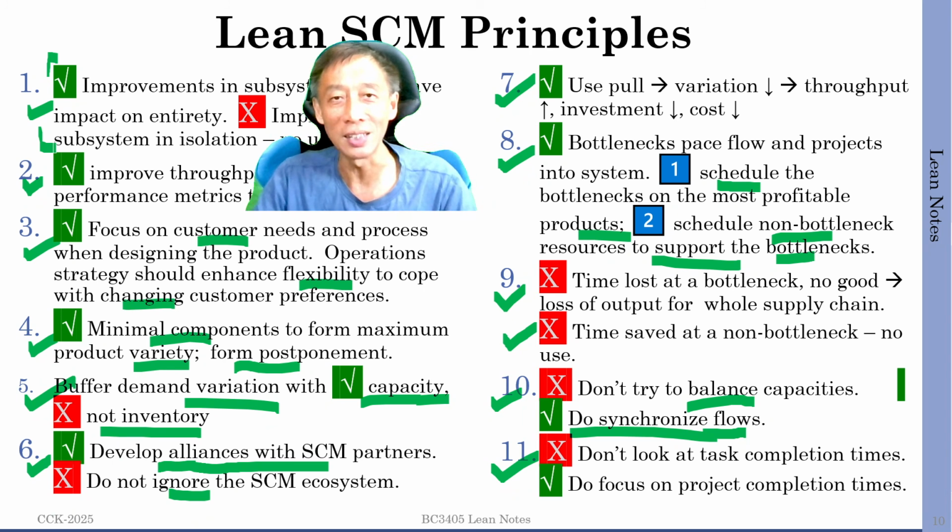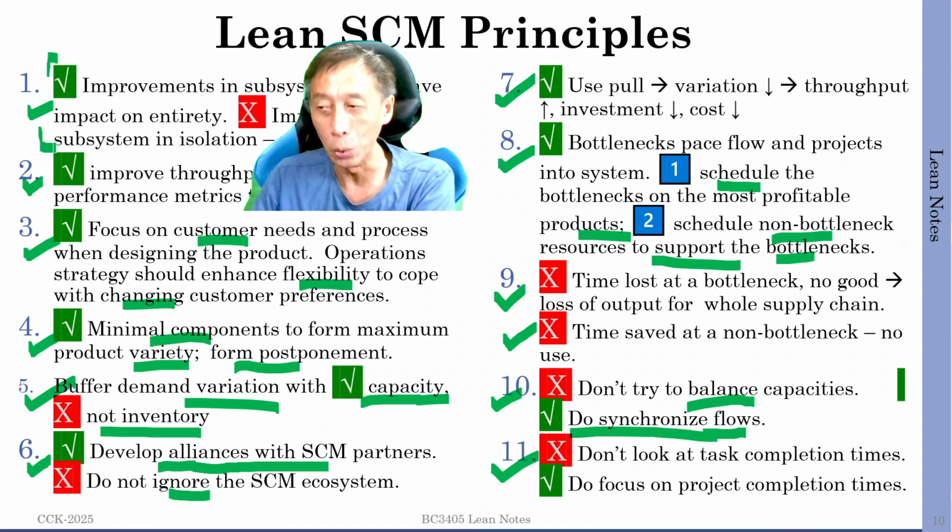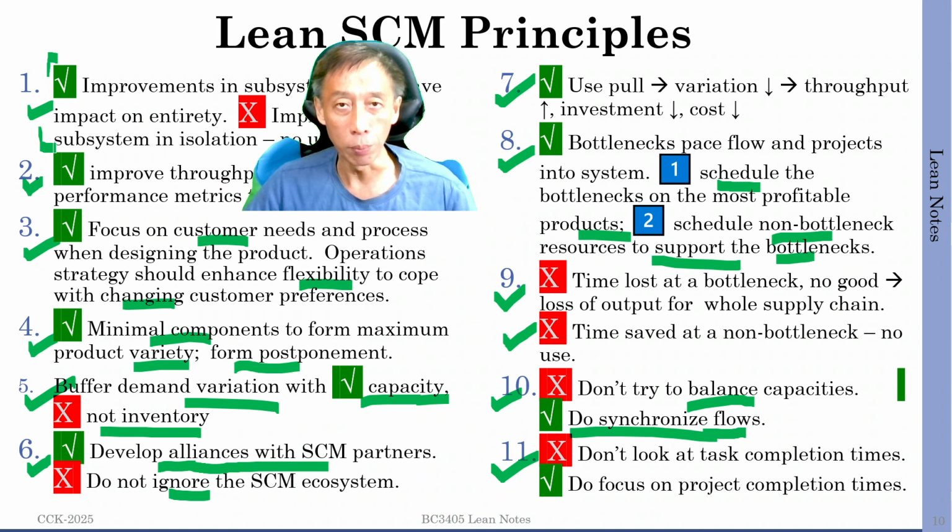I finished this task, yay! But then overall, your company cannot deliver the so-called project. The flow unit is not completed because it is stuck and spending a lot of time at the bottleneck. So again, focus on project completion time, the flow time for the flow unit.